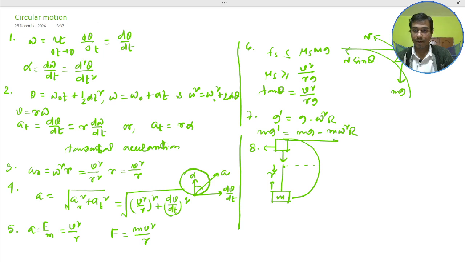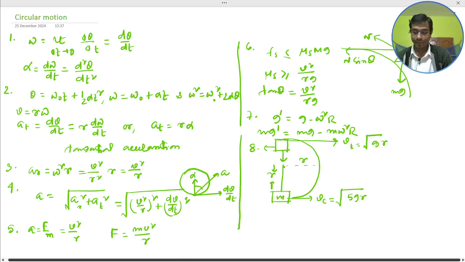So V top is root gr, and here the VC is equal to root 5 gr. For another case, this is the string plus mass system. Another one, the massless rod plus mass system.